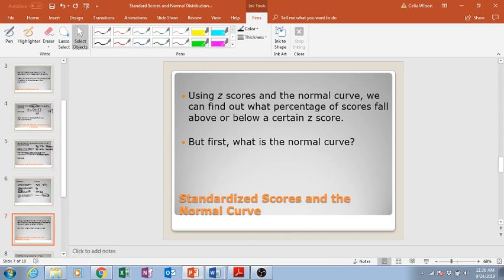Using Z-scores and the normal curve, we can find out what percentage of scores fall above or below a certain Z-score. But first, let's look at what the normal curve is.